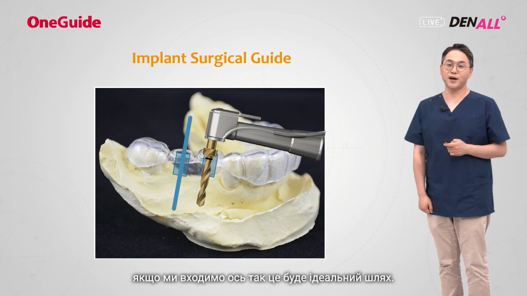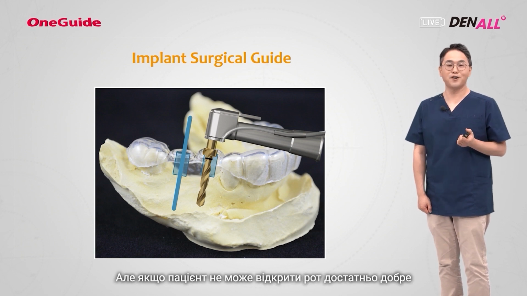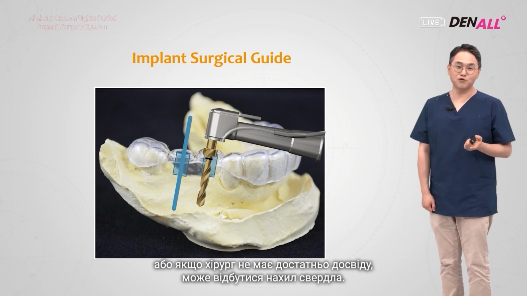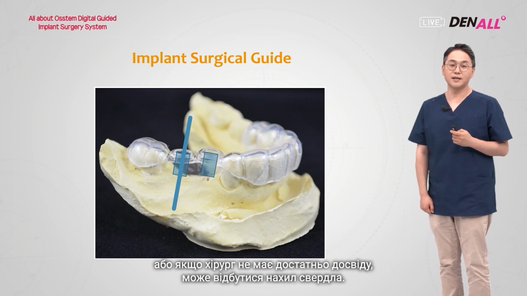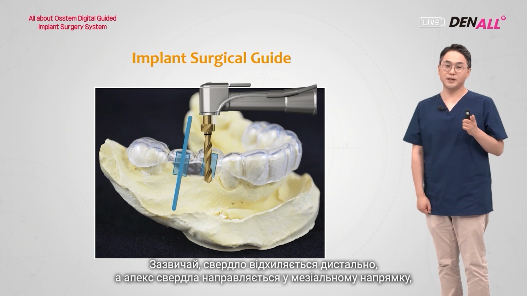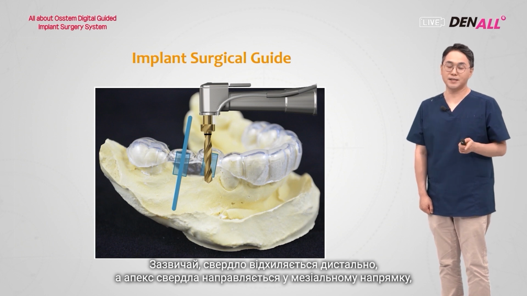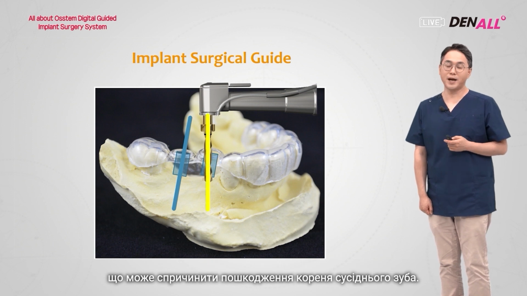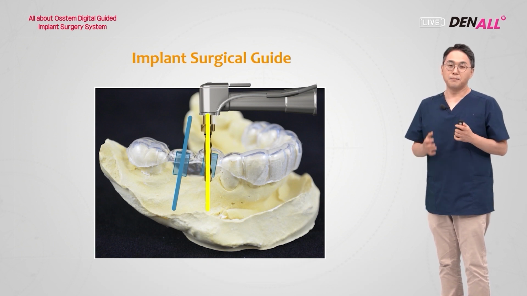The ideal path is like this, but if the patient cannot open very well, or if the surgeon does not have a lot of experience, the drill itself bends. Normally, the drill bends distally, and the apex of the drill heads mesially and causes root damage in adjacent teeth.